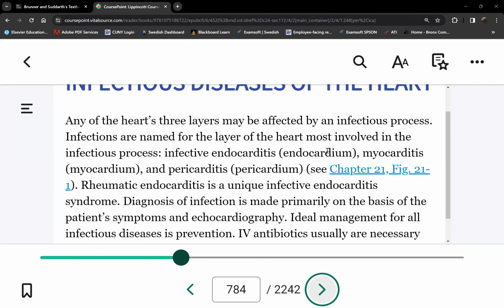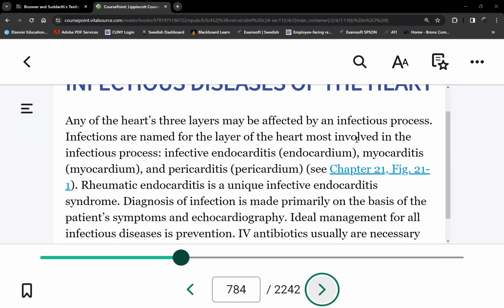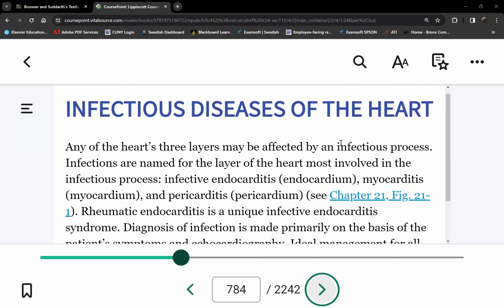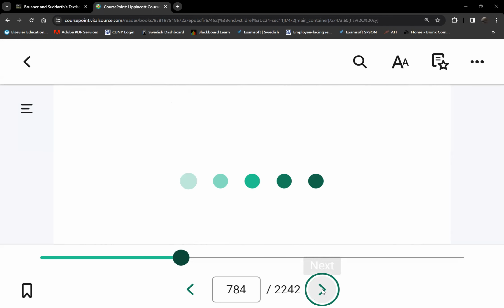In valve disorders, they cause congestion because of the destruction or damage to the heart valves. In endocarditis, it does it the same way. The infection causes damage to the heart valves, and therefore, does the patient develop valve disorders? Yes, and then they develop heart failure. Okay, so let's discuss the two infections. Let's start with endocarditis.